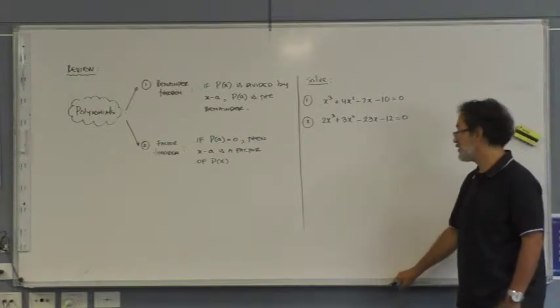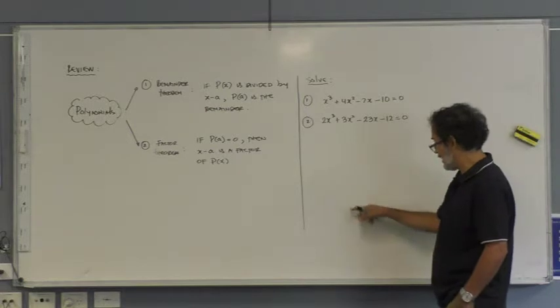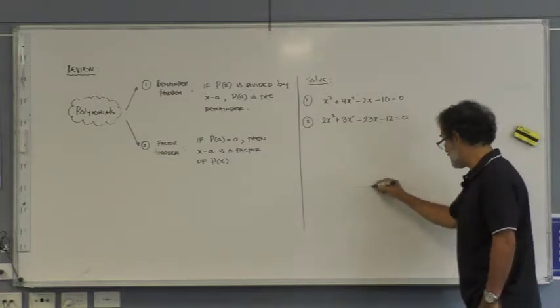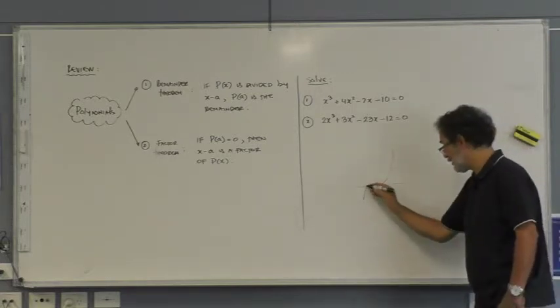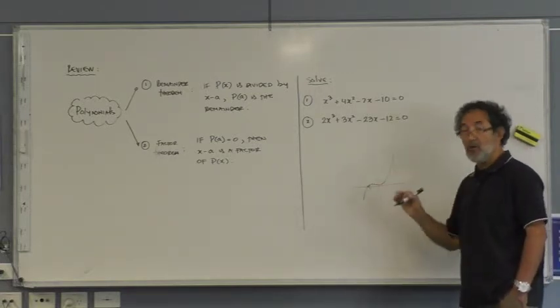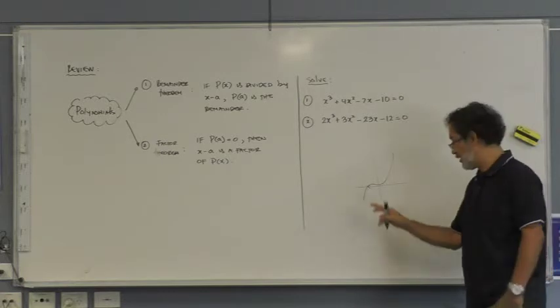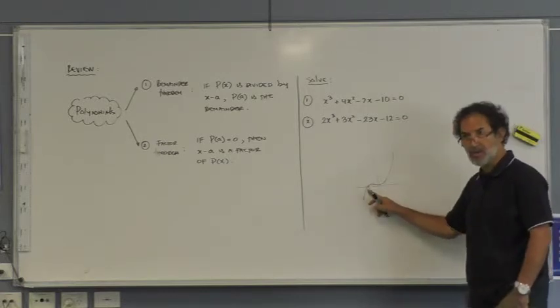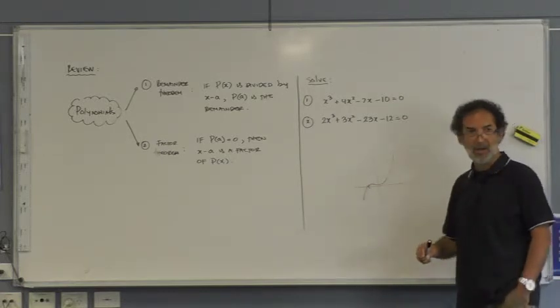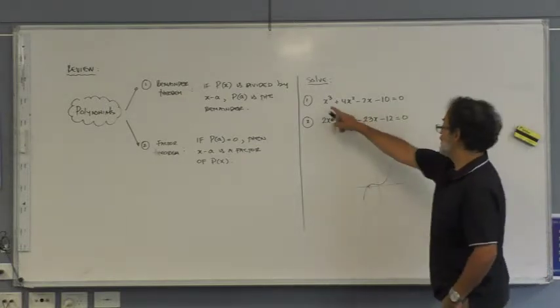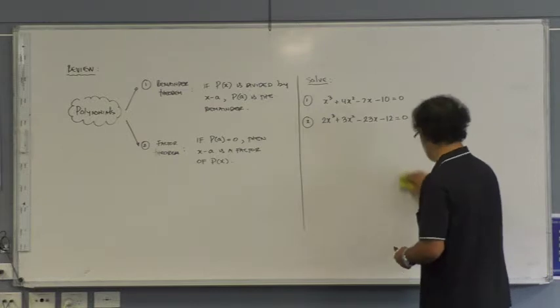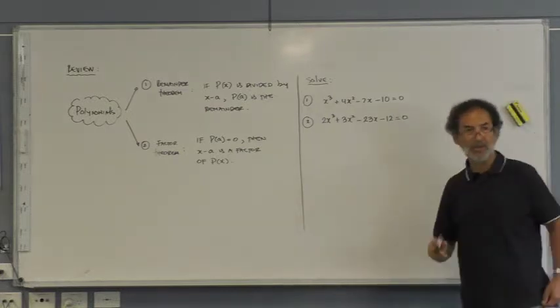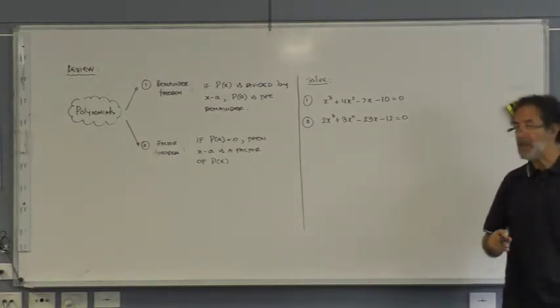Remember that sometimes we have a picture that goes like this, so that means that we have only one real solution. We still got three solutions, but in this case, one is going to be real, and the other two complex. When you have a cube in there, you always expect to have three real solutions, but that doesn't happen all the time.